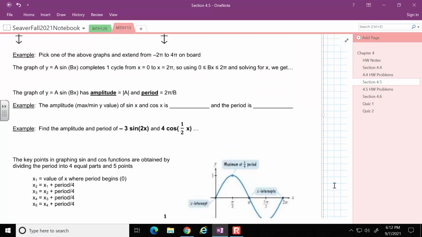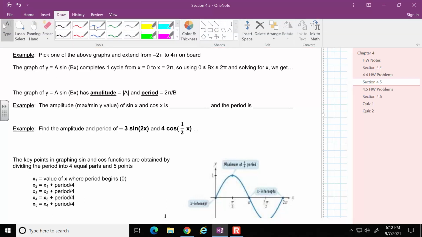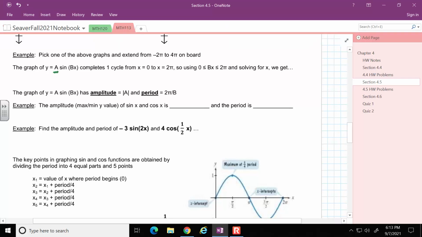So now, if we change that a little bit, if we put a constant out front, a times sine of bx, or a times cosine of bx, that a is what really controls how high or low our graph is going to go. It controls the amplitude.